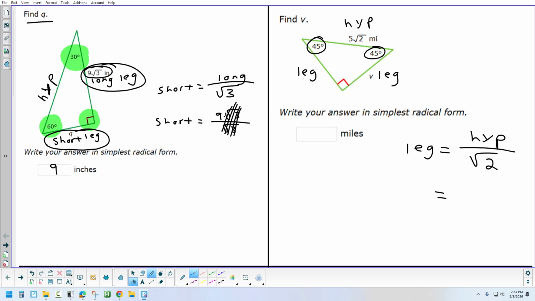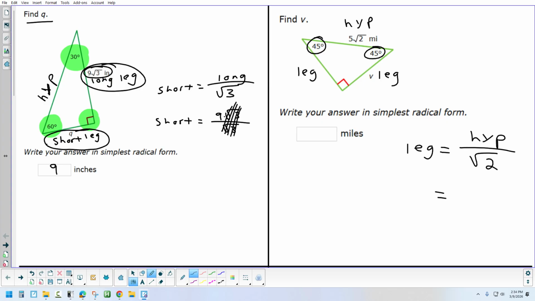How long is the hypotenuse? So this is given to us.